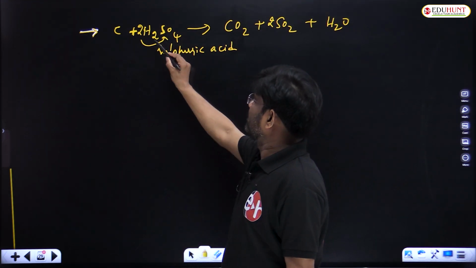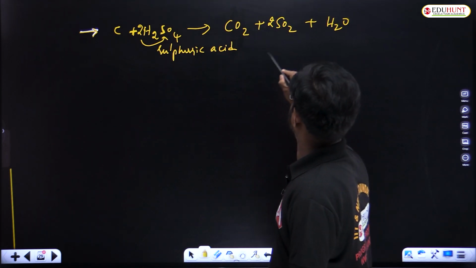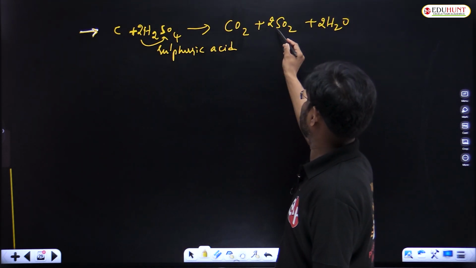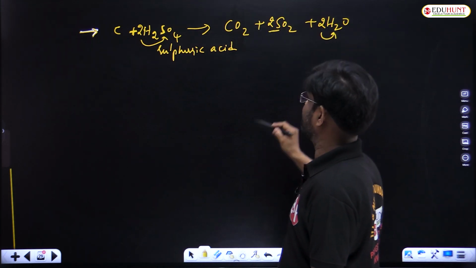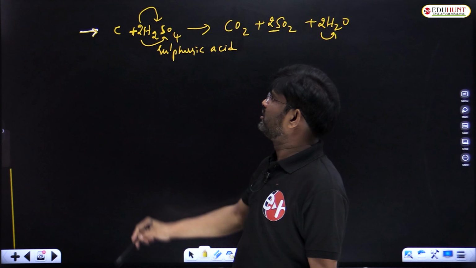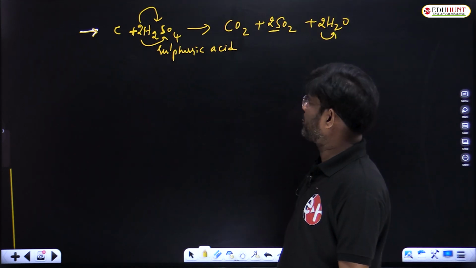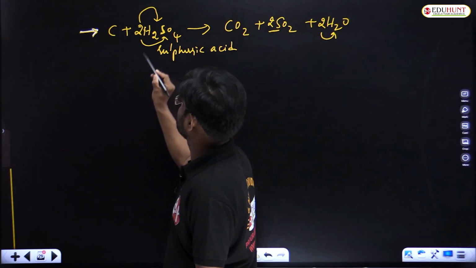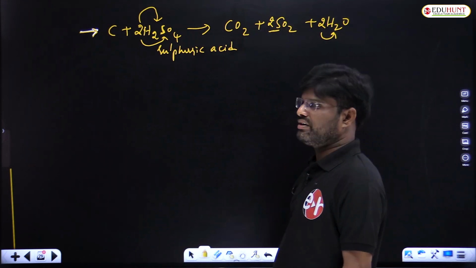Hydrogens: 2 2s are 4 hydrogens. So sulfurs balanced, hydrogens balanced. Next carbon: 1 carbon, 1 carbon. Okay?